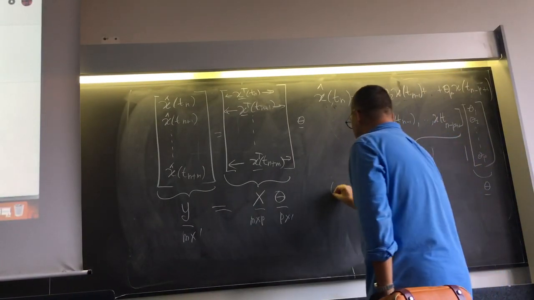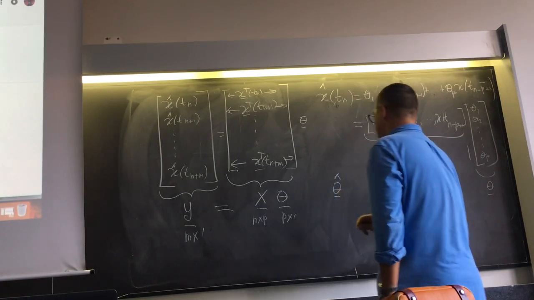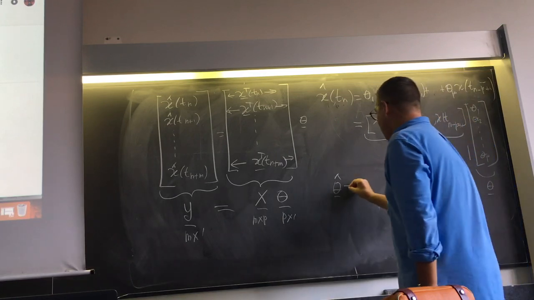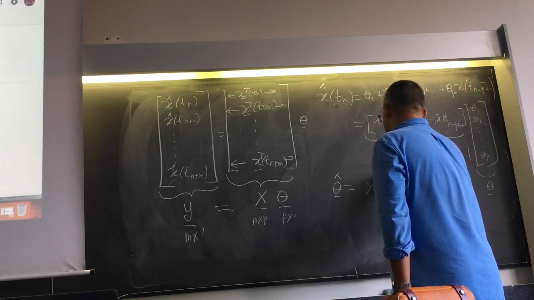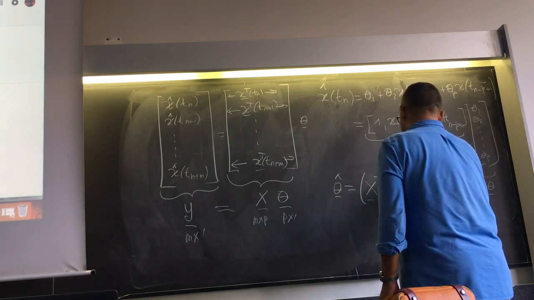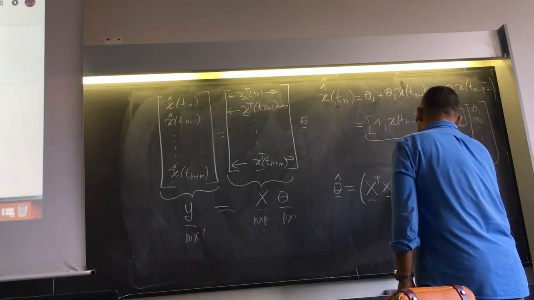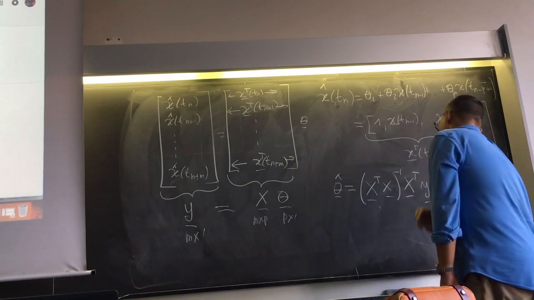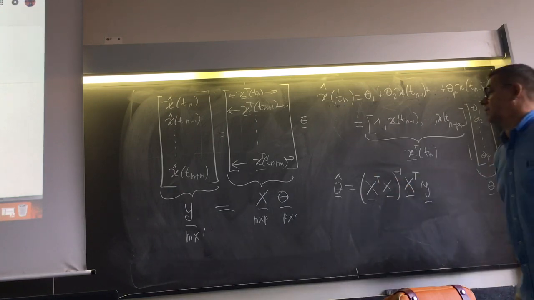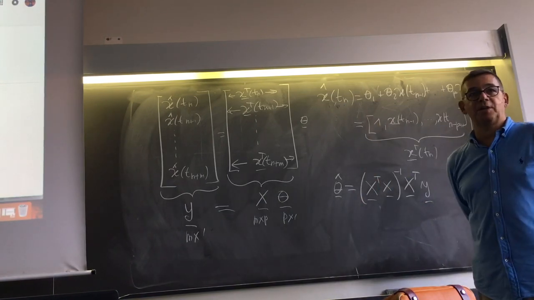If I want the theta n, which is the one that I need, it is obtained as, you can look at your note, x transpose x, to the minus 1, x transpose y. Okay? This is my estimator. So if I put this one in, then I can predict.